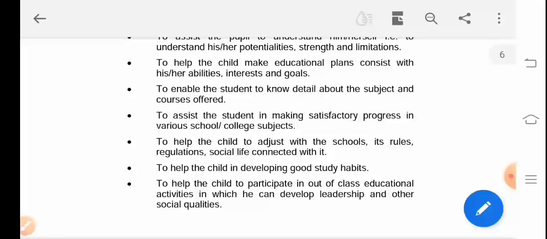So the development of educational leadership and other social qualities is highly required in today's context. So educational guidance helps individuals to participate in out of classroom situations and develop their leadership and social qualities.